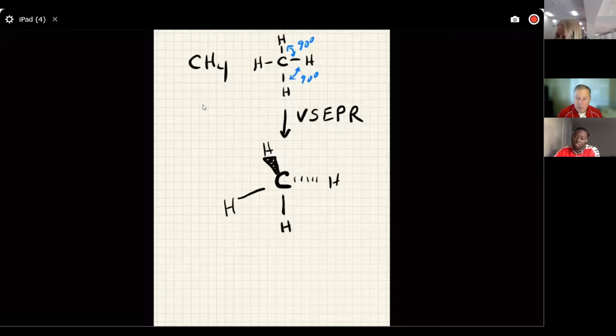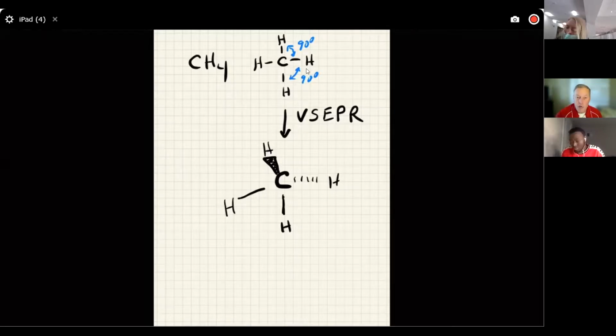The hashed line means that bond is going behind the piece of paper. It's not in the plane of the paper. Do you see this wedged line right here? When you wedge something, you're telling the reader that that single bond is coming off of the paper. It's coming out at me.